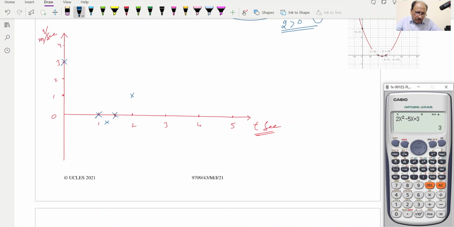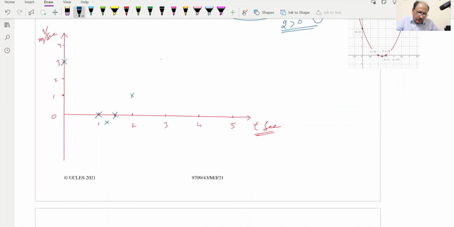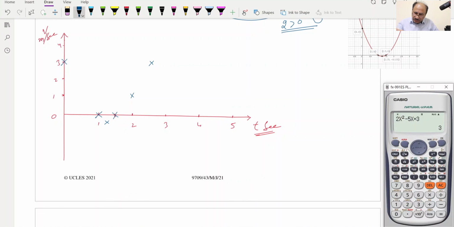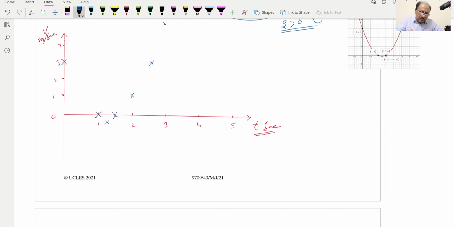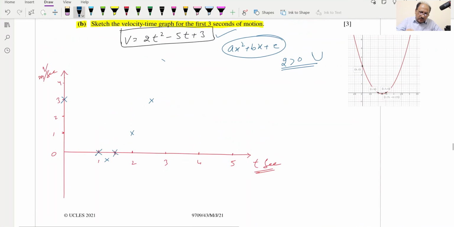So 2.5 and 3 will be over here, a little lower than this. Then for 3 also we can check: calculating for 3 gives 6, which is going up. So we can move the curve like this one, and 6 we will be taking up.